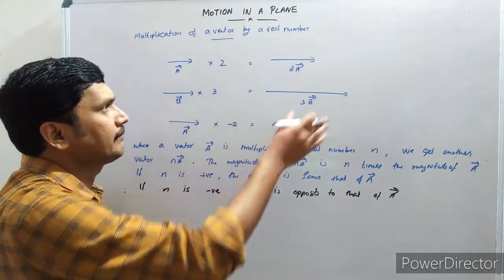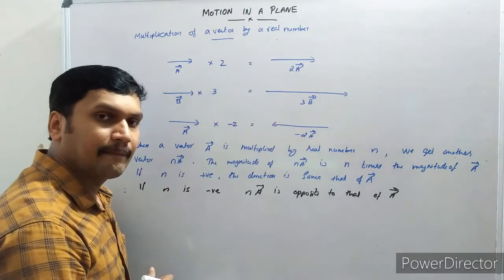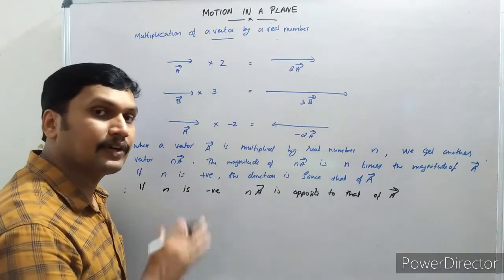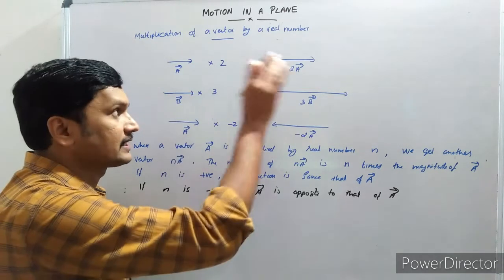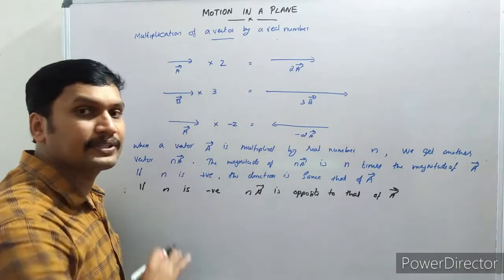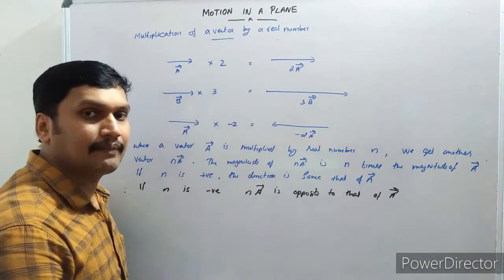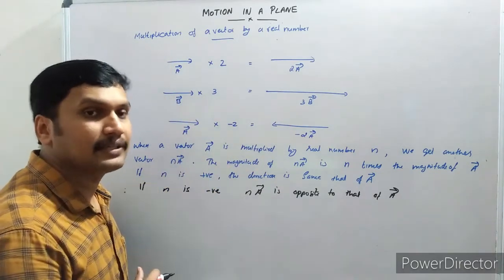In this way, we can multiply a vector quantity by any real number. If you multiply by a positive number, the direction of the resultant and the initial vector will be the same. If it is a negative number, the direction of the vector will be reversed.